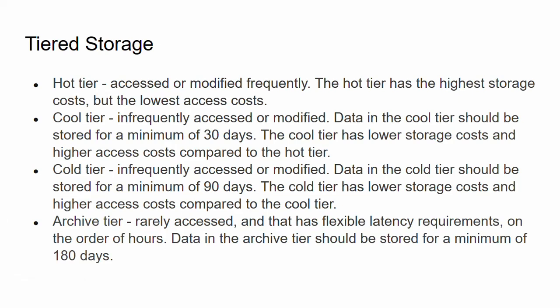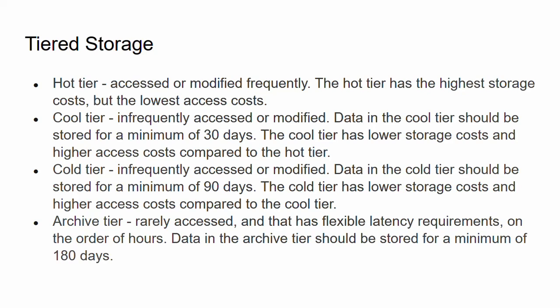For blob storage, you can define tiers for your blob, either on a container level or on a blob level. You can define a hot tier, for files that you access or modify frequently. It has the highest storage cost but the lowest access cost. Then there's a cool tier, a cold tier, all the way until the archive tier.